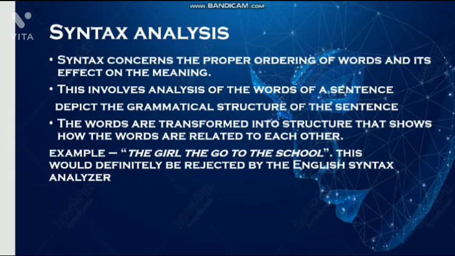Now the second one is syntax analysis. Syntax analysis basically means the proper ordering of the words and its meaning, which is the analysis of the words and sentences we use, and the analysis of the grammatical structure of the sentence.